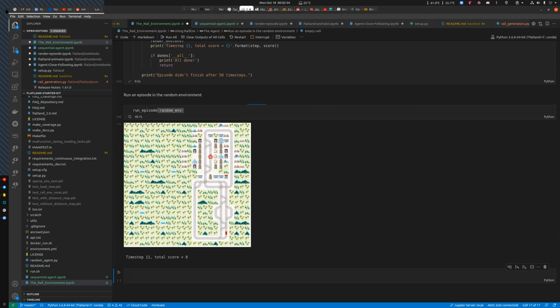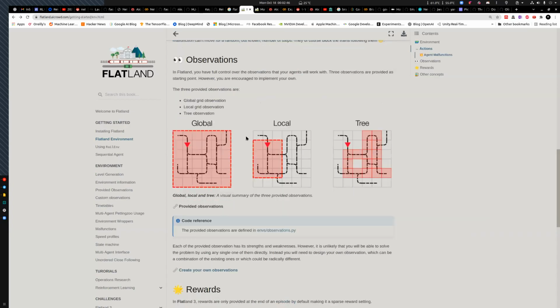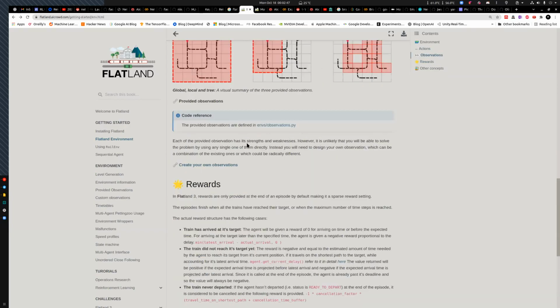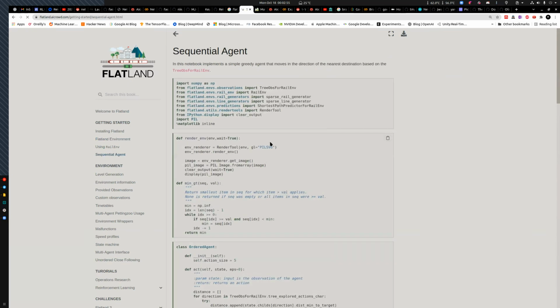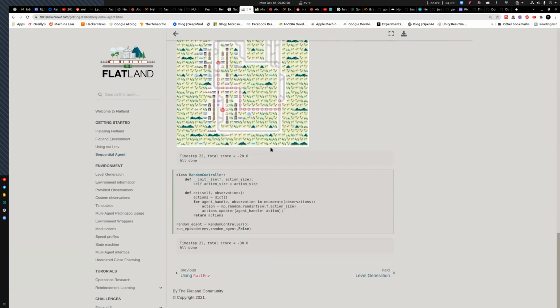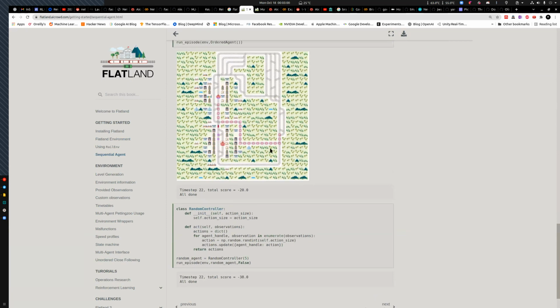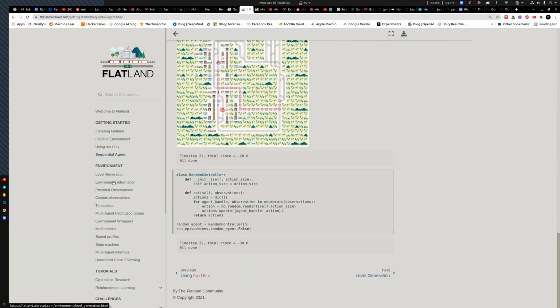They have given a gif there. This was a sequential agent.